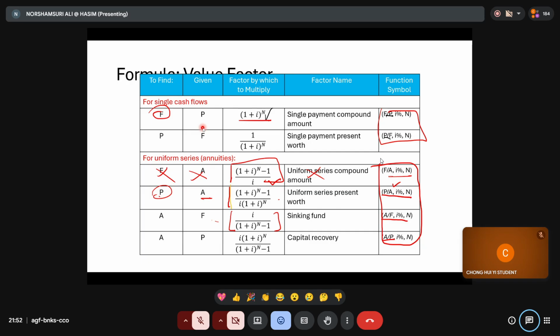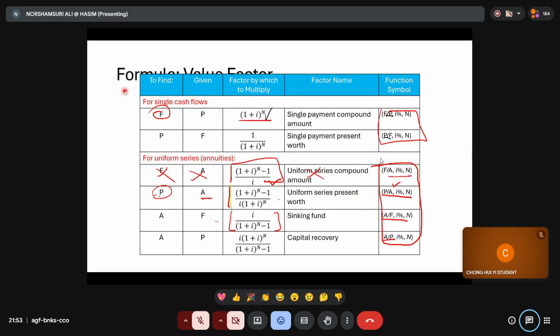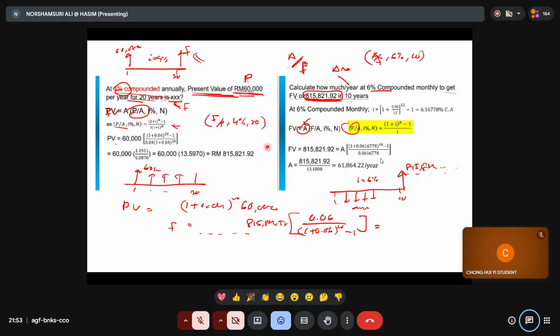I showed you in the class how the compound effects work. So this is for compound annually, just to show that they have two kinds of interest, compound interest and also simple interest. So to use this formula, all these formulas, you have to be using compound interest. Understood?